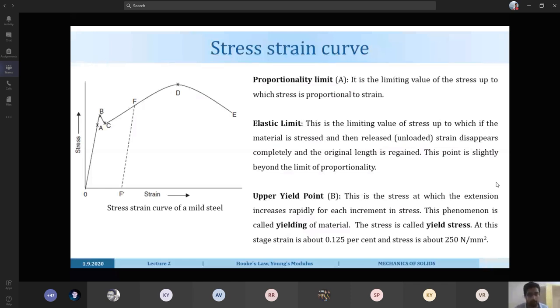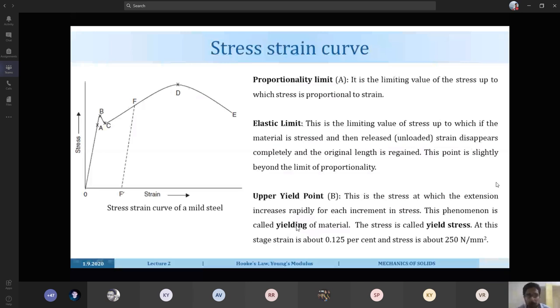The rate of strain will be more compared to the rate of increase in the load. If you apply a small load itself, there will be a rapid change in the elongation. This phenomenon is called yielding of the material, and this stress is called the yield stress.